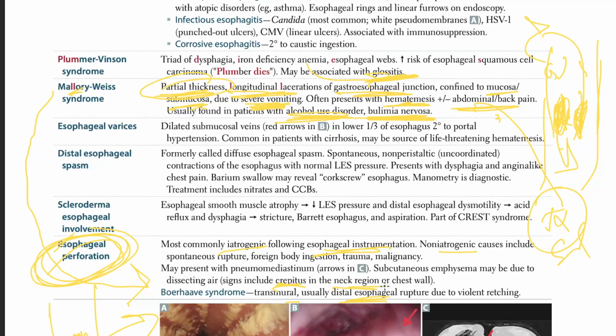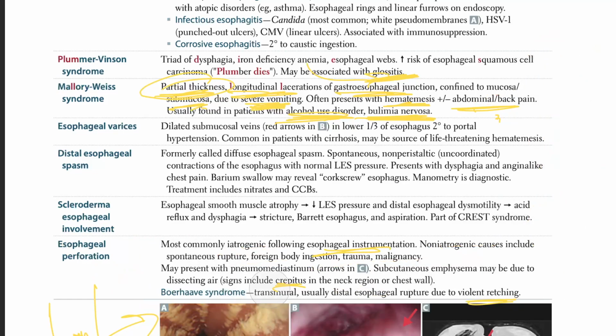One cause is Boerhaave syndrome, due to violent retching. The others could be iatrogenic, or non-iatrogenic, meaning foreign body, trauma, or malignancy.